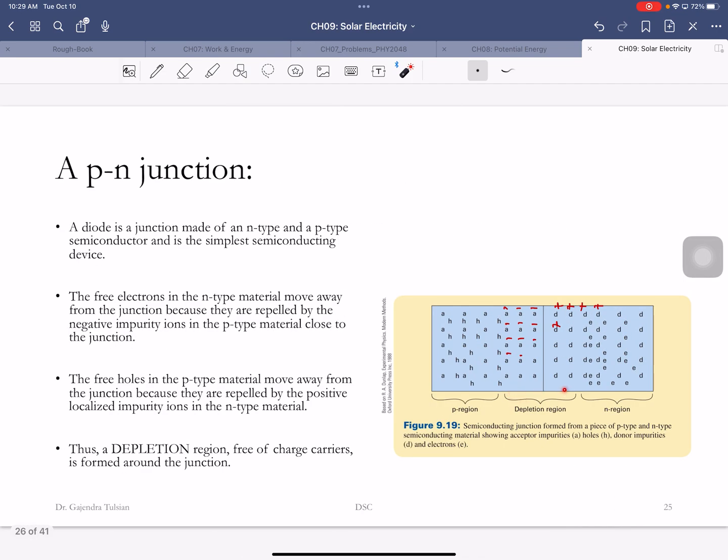This is called a depletion region. But here's the deal. These guys are positively charged, here's the negatively charged, and this creates an electric field pointing in this direction. So at the PN junction, you have a region where a permanent electric field is created.